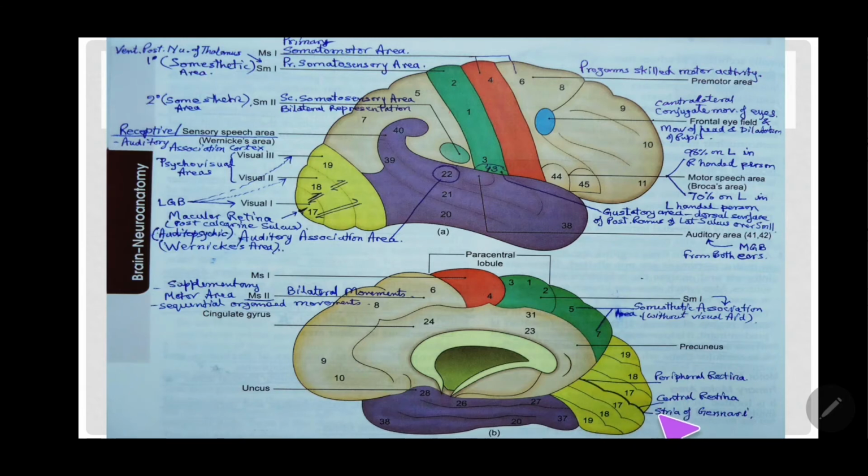That band is visible to the naked eye. In the gross specimen, you can see that white band of fibers running over the calcarine sulcus, and that is called the stria of Guignard. Because of that, this area is also called the striate area.